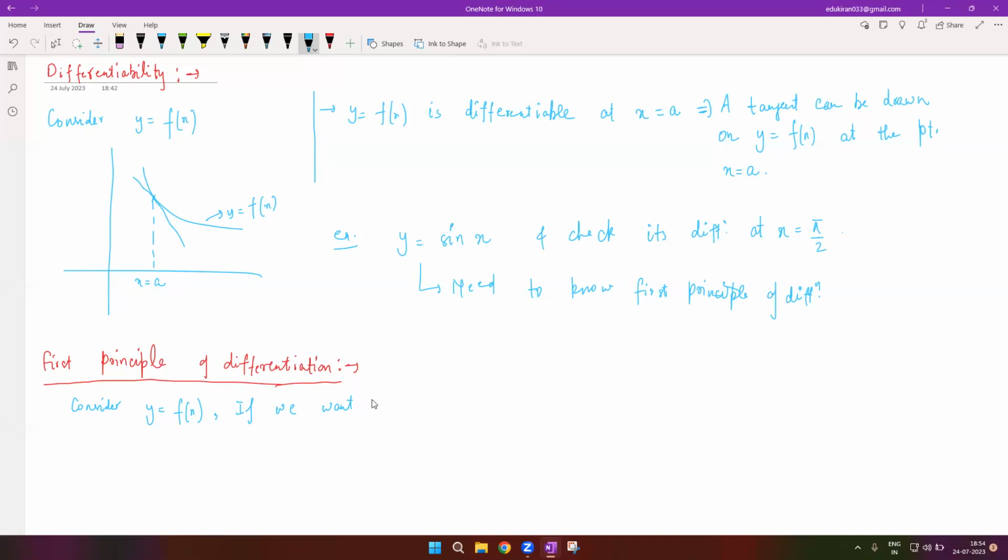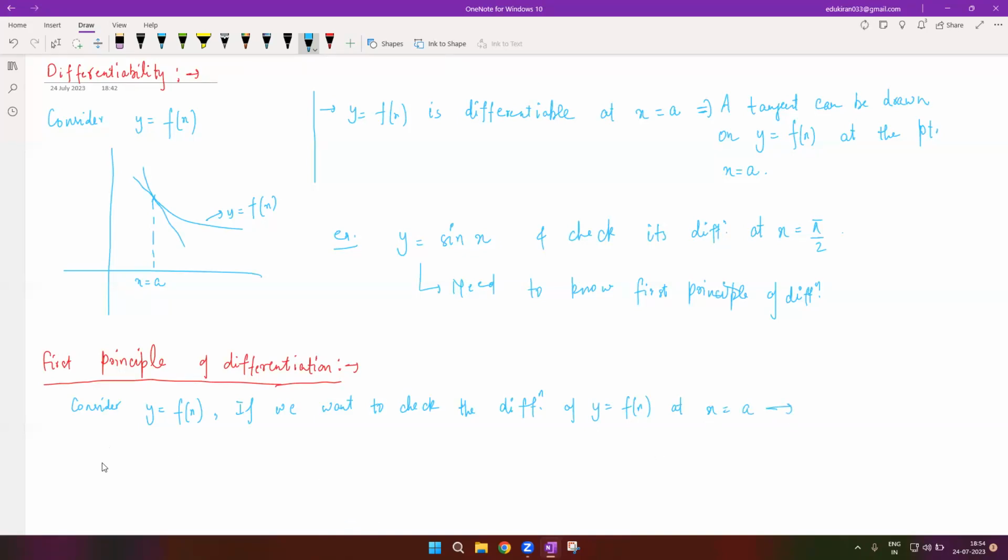So if you want to check the differentiability, I will not be writing differentiability every time. I'll just write DIFFN. This will be a symbol for differentiation or differentiability, both. So if you want to check the differentiability of y equals f(x) at x equals a, then what do we do?